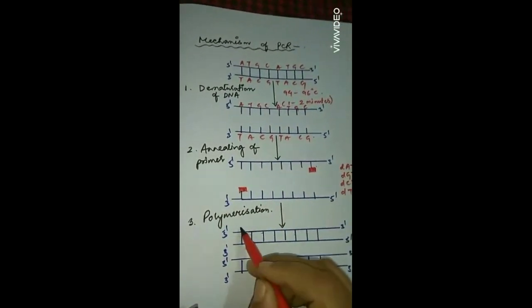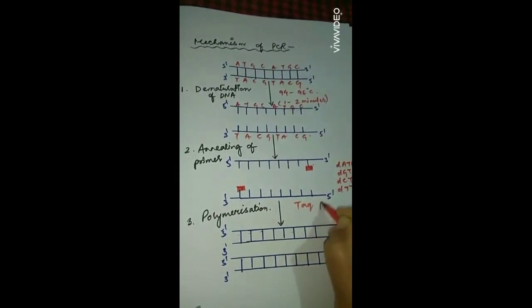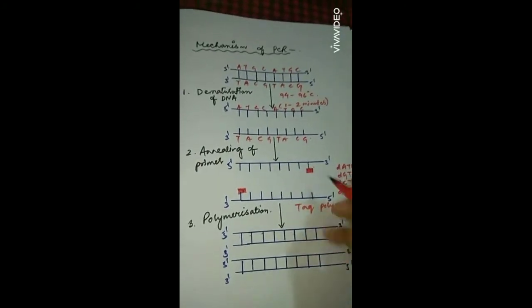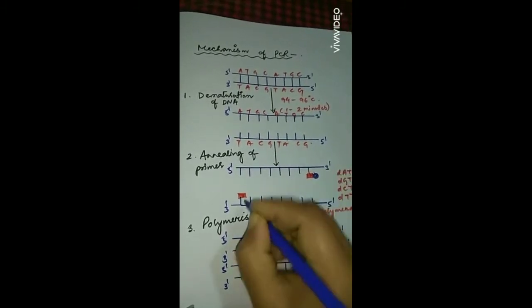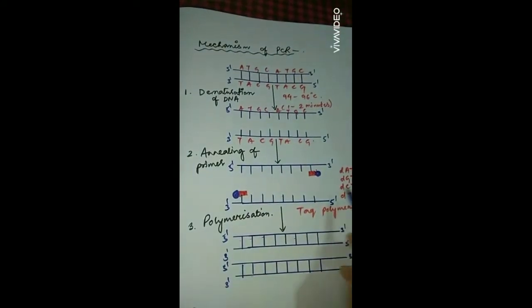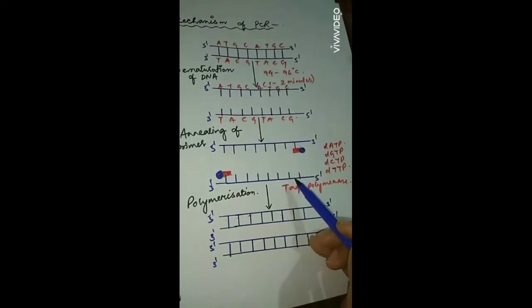So these are the nucleotides that are present, and the third process will begin with the application of Taq polymerase enzyme. The Taq polymerase enzyme will come and start polymerizing the DNA fragment from the 3' side of both the DNA strands. Now this is a special DNA polymerase enzyme.